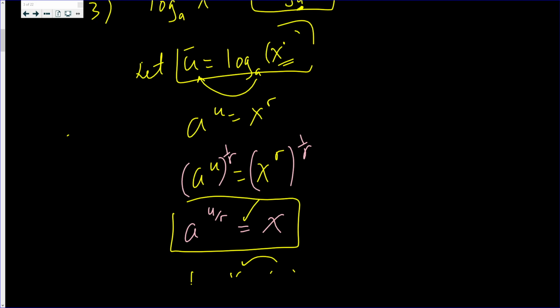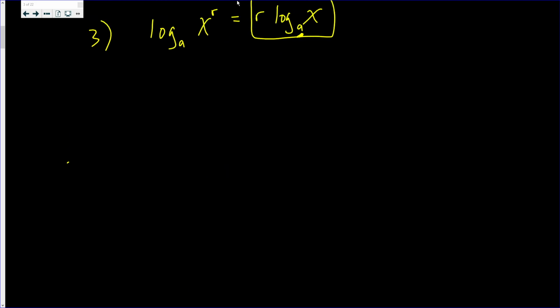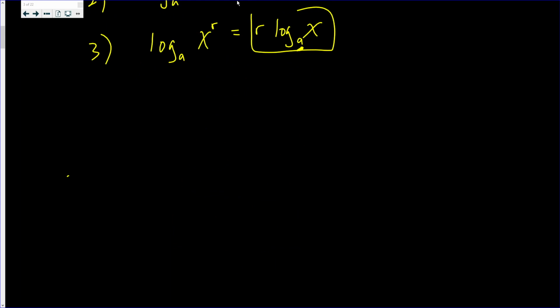Now, there's one more rule that I think you should know. If you have log base a of b, this is equal to log of base any choice you like. Of course, the base has to be positive.